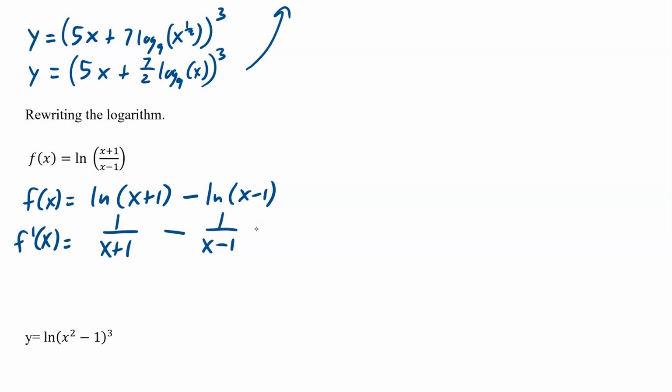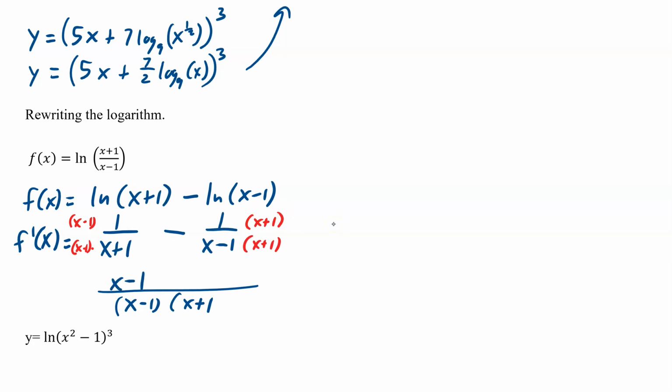Now we can put them together if you want as well. So we're going to multiply this one by x minus 1 over x minus 1, and this one by x plus 1 over x plus 1, just to get one clean fraction. So this would become x minus 1 times x plus 1. And then on the top, we would have x minus 1 and negative x plus 1.